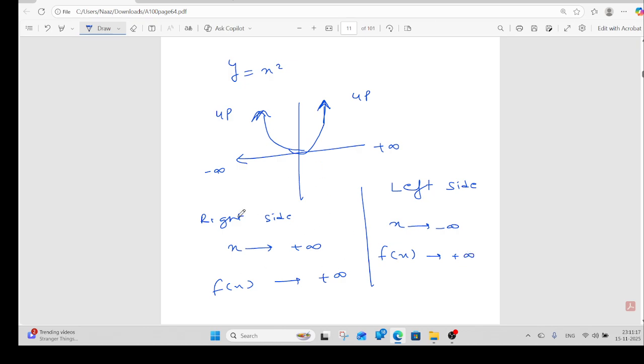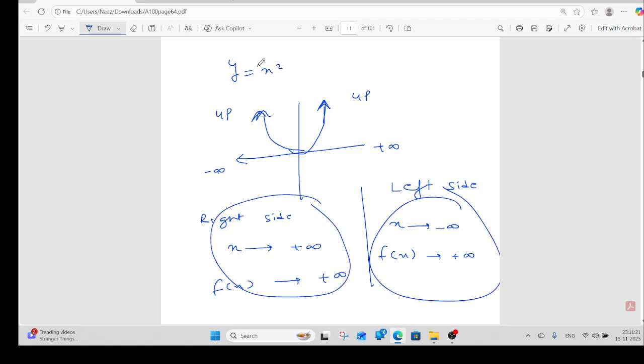So this is the end behavior when, as you can see, the degree is 2, so degree is even, and the leading coefficient, the coefficient of the highest power term, is positive 1. So your leading coefficient is positive and degree is even, right?